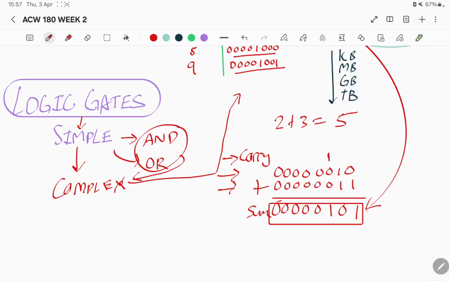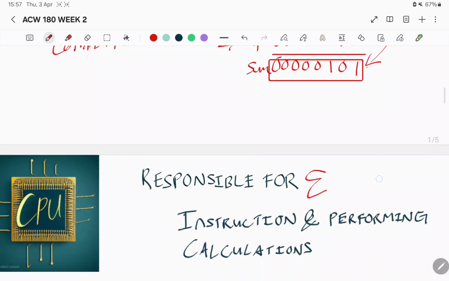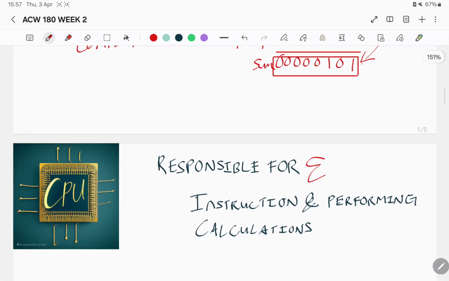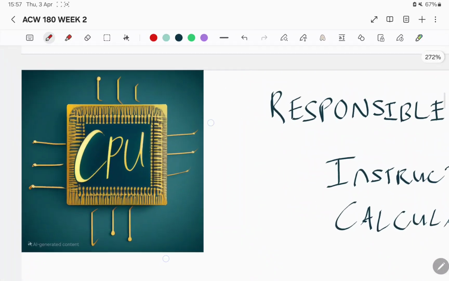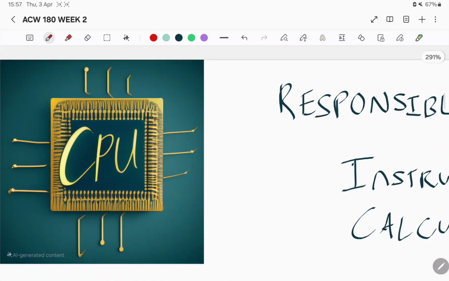Now we're back to the second part of this session. We talk about the CPU. So let's zoom in here. Of course, most of you know the CPU already.